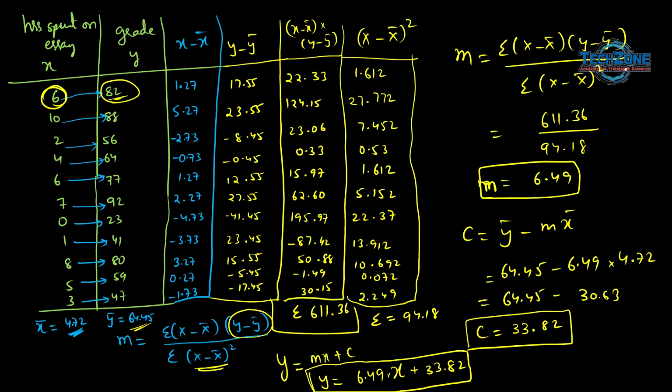This is also called the hypothesis function. Our linear regression model has predicted this line, y is equal to mx plus c, where m is 6.49 and c is 33.82. m is the slope and c is the y-intercept. This is how we find the values of m and c using ordinary least squares. Now we will learn about gradient descent.